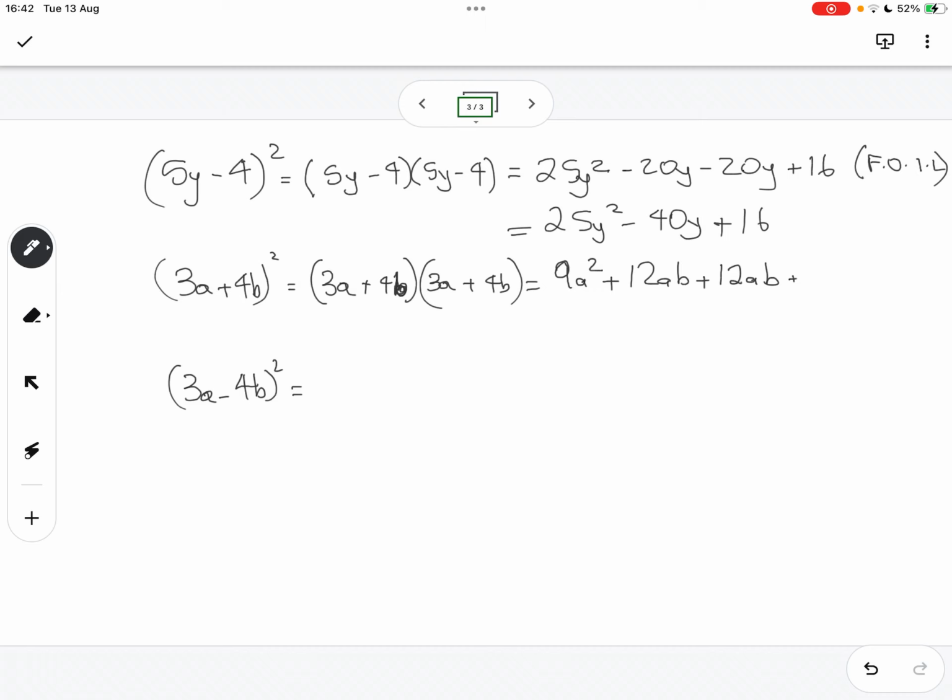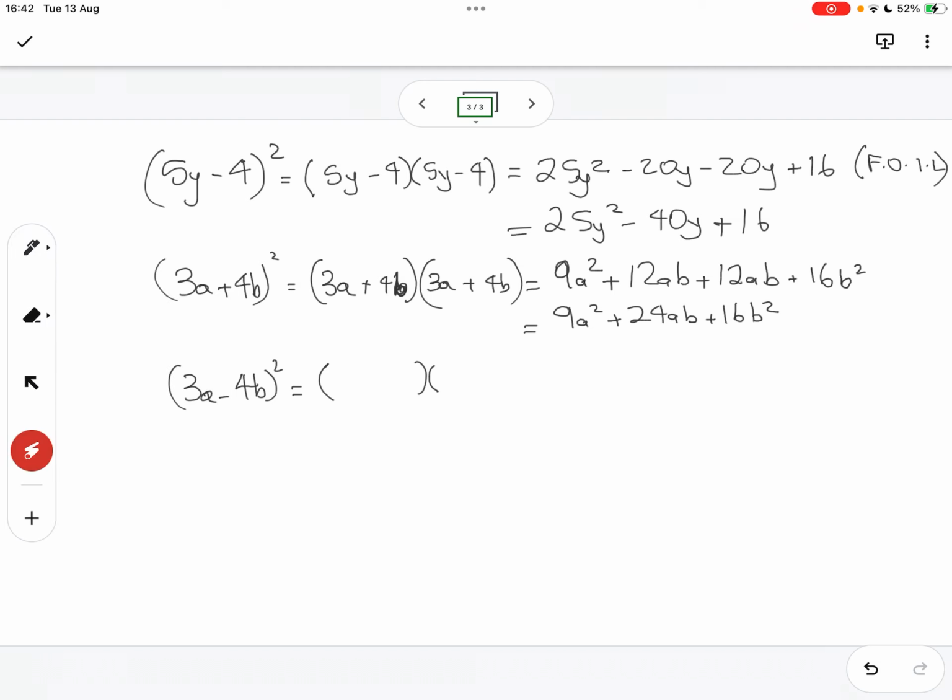How much is that? 16b squared. You sound unsure, my friend. And then we finish off, right? So it'll be 9a squared plus 24ab plus 16b squared. Alright?